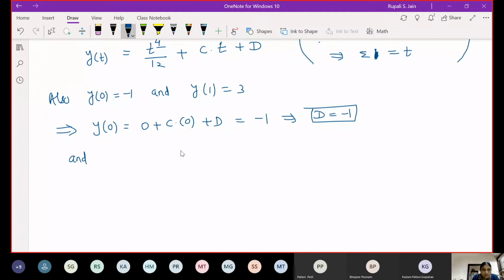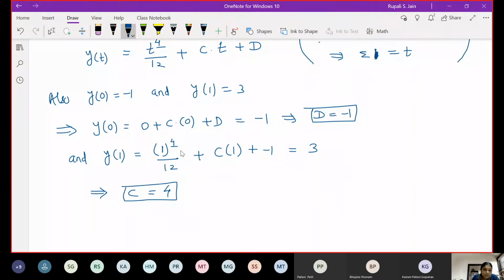And since y at 1 is given to be 3, I substitute 1: 1 to the 4 falling divided by 12 plus C times 1 and D is my -1, which is equal to 3. So what does this imply? C is equal to 4.